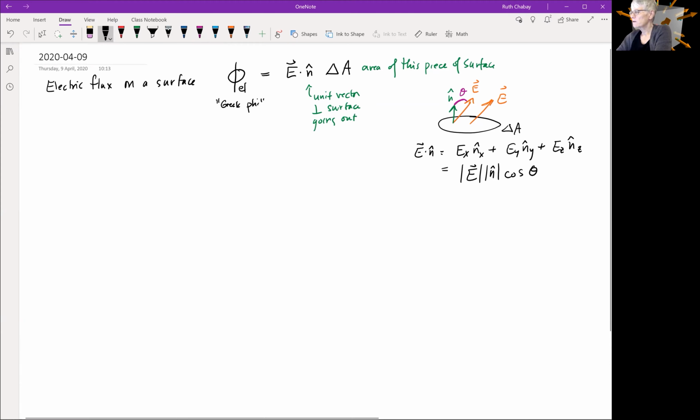And we use this to come up with Gauss's law, which you more or less could derive yourselves from what you now know about patterns of field and the charge distributions that make these patterns of field.